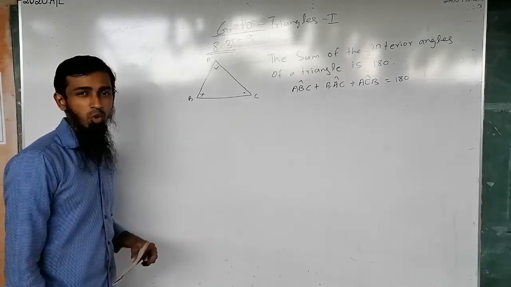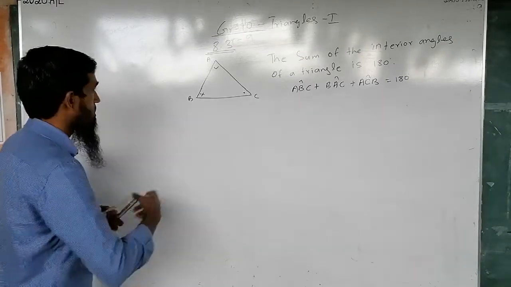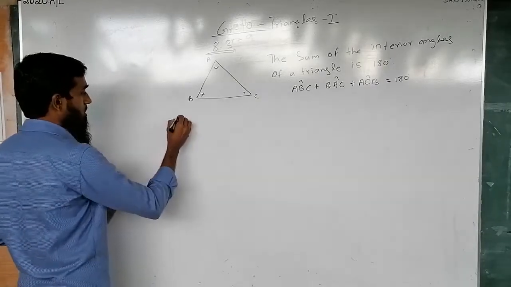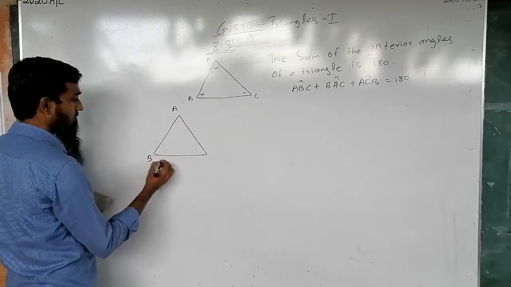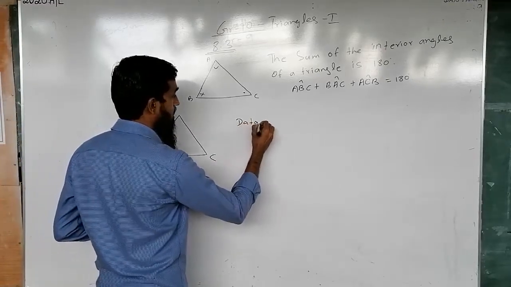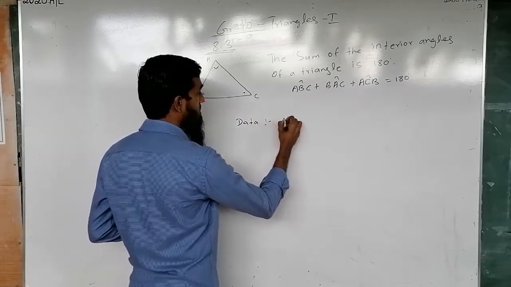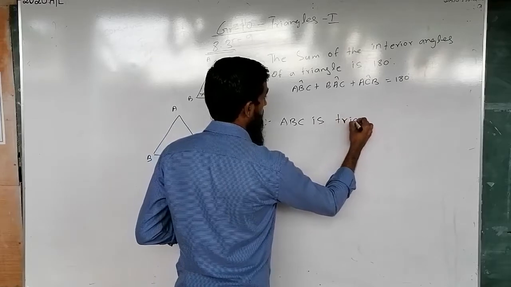Okay students, we can move to the formal proof of this theorem. This is the same image we are using for the formal proof. The first one is data. ABC is a triangle.